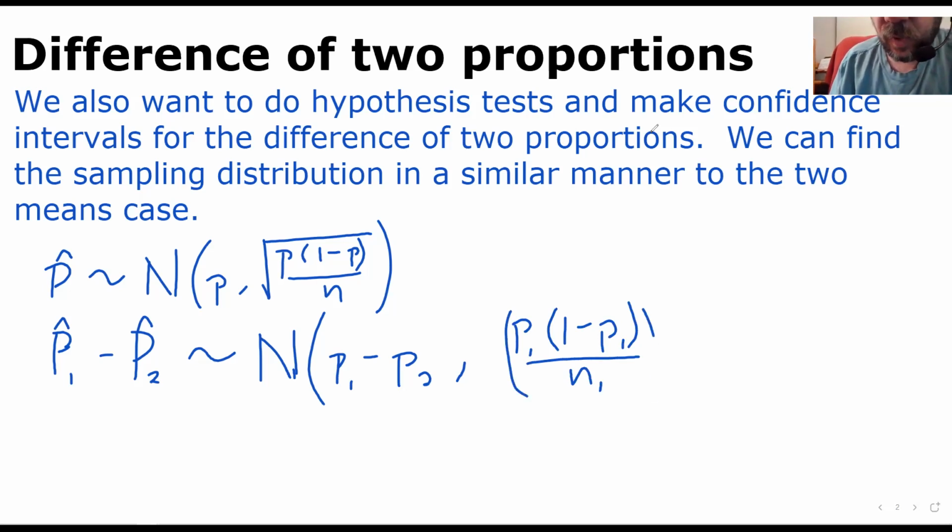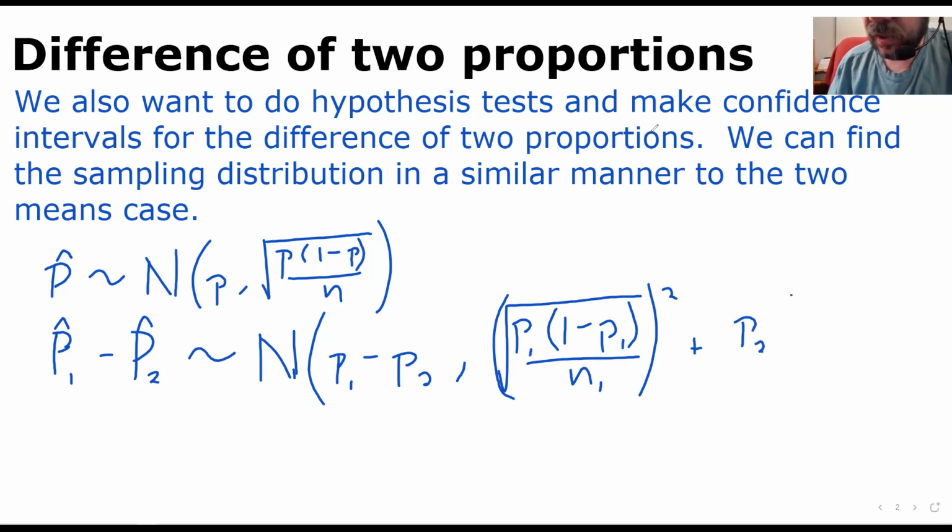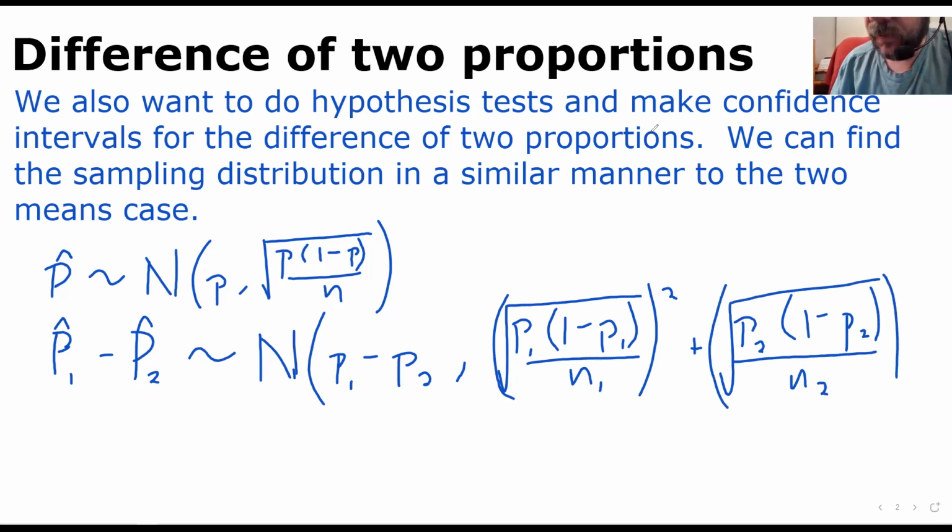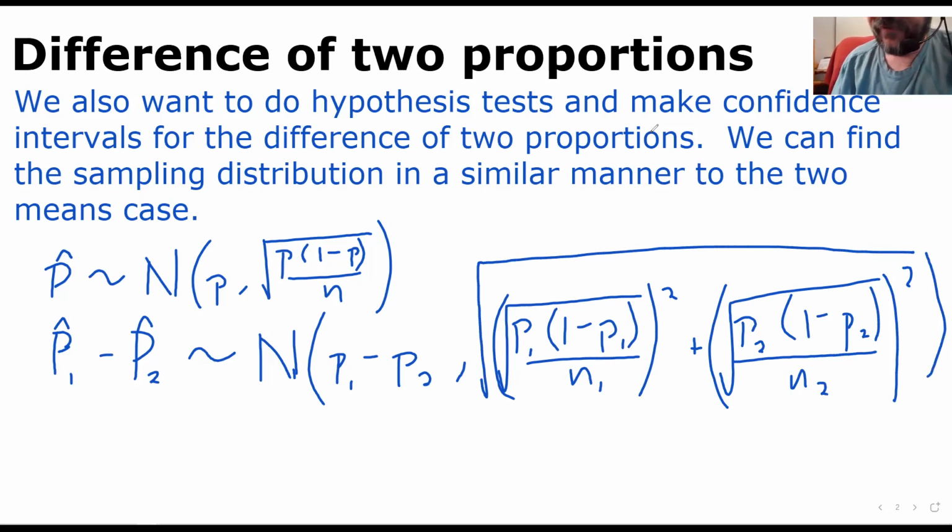That whole thing is square root and then squared, which of course is just going to cancel. And then the second one is going to be P2 times 1 minus P2 over N2, square root of all that, and the whole thing is squared. Then we take the square root of the whole thing. Bit of a mess. So that's what the standard deviation looks like.